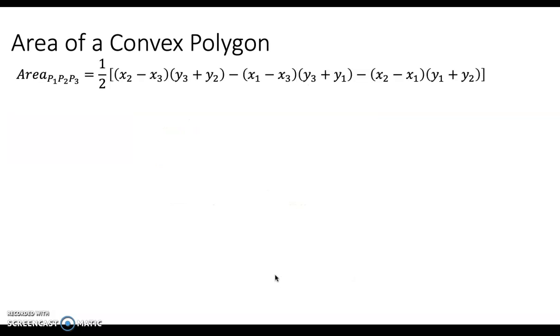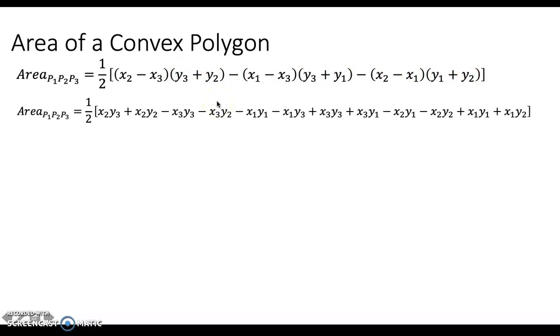Okay, so this is what we have a while ago. We will get the product of each of these groups using the FOIL method.